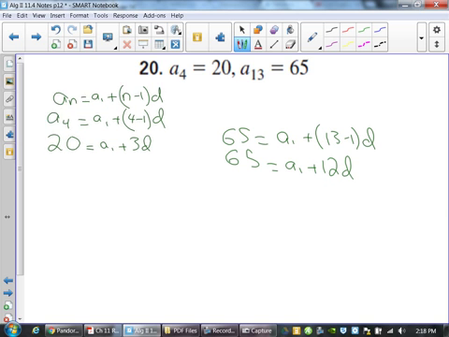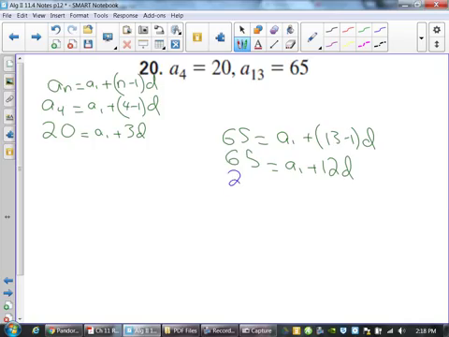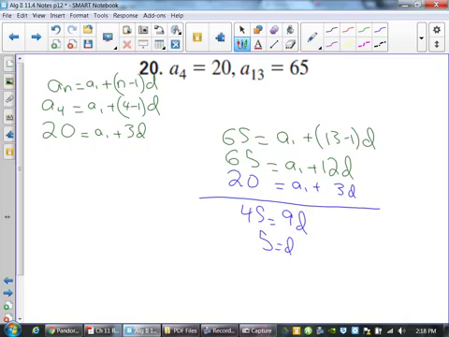And then you're at your system of equations, and you subtract them out. That's how you're able to eliminate that first term, to isolate it out. And then write the rule.